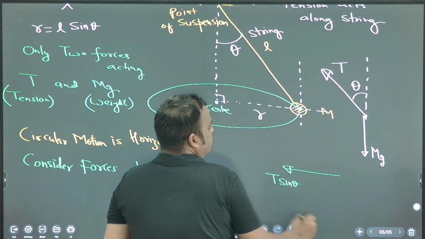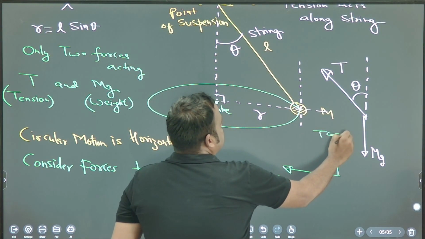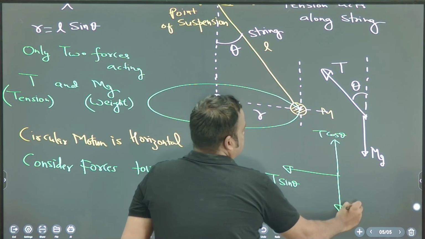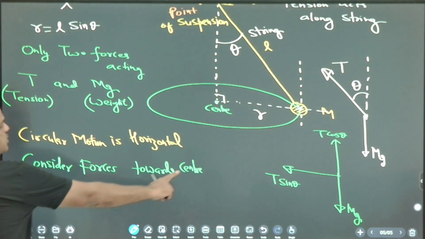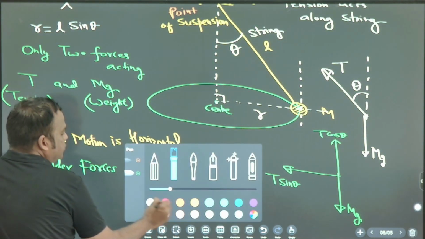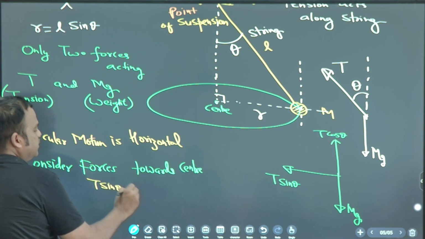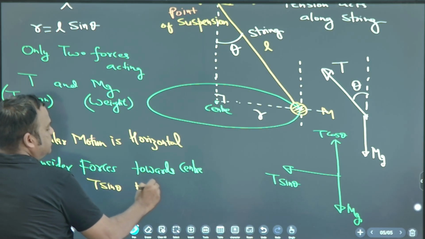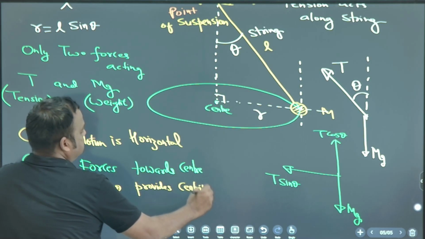T sine theta. And what component is perpendicular to the radius? T cos theta. Okay. So consider forces towards the center. Note down, T sine theta provides centripetal force.